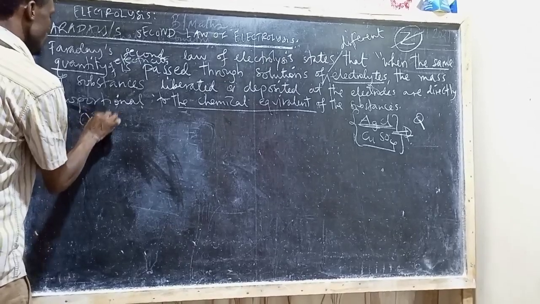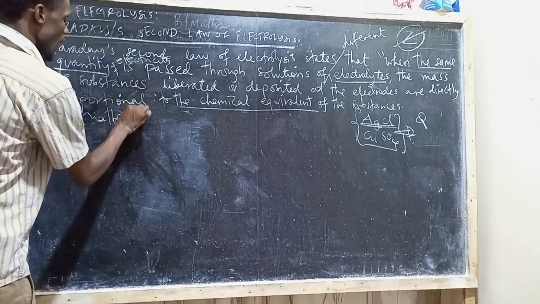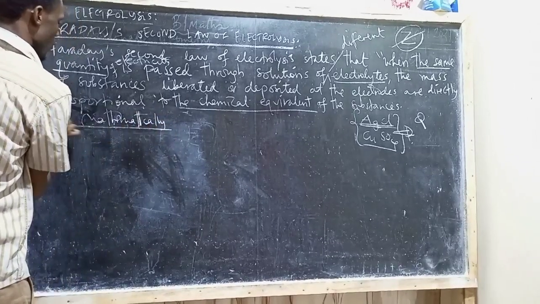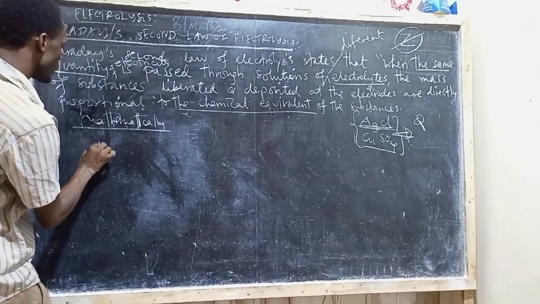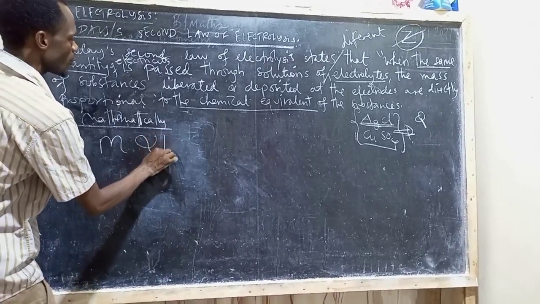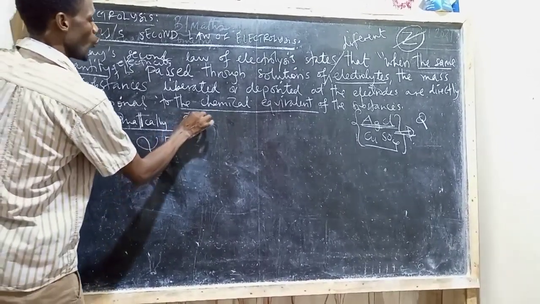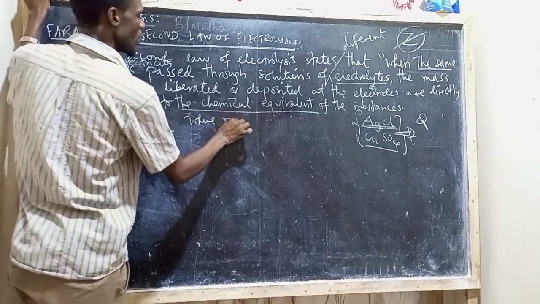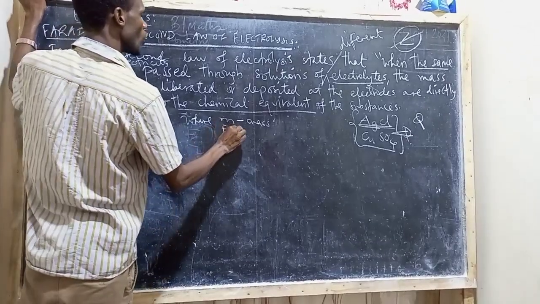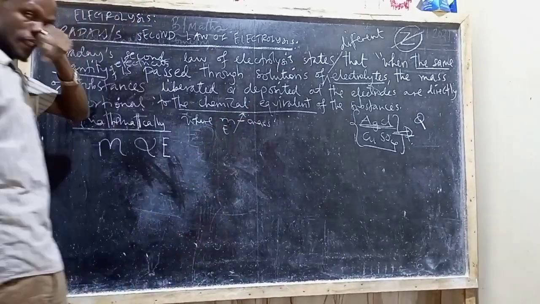That was how we say it, but mathematically we have something to talk about here. The mass of the substance is directly proportional to the chemical equivalence, where M is the mass of the substance and E is what we call the chemical equivalence.